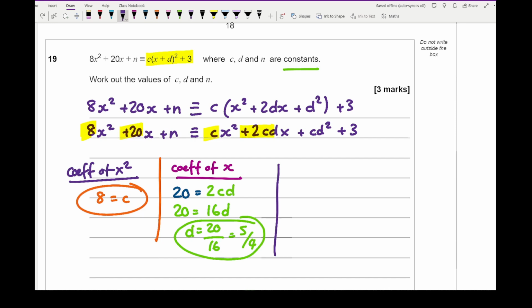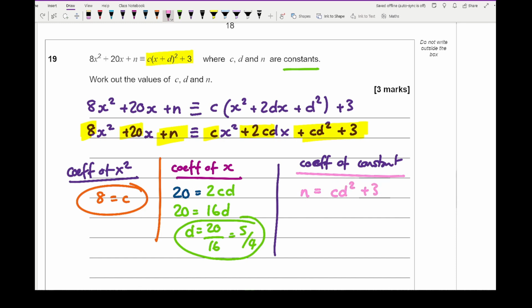And then finally, looking at the constants, on the left hand side I've got n, and on the right hand side I've got cd squared plus 3. So n equals cd squared plus 3.